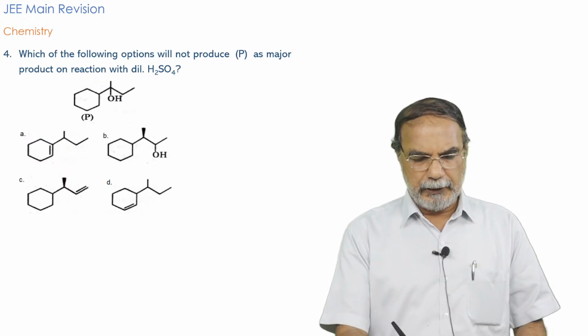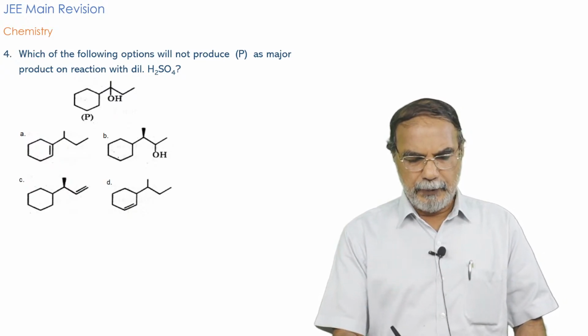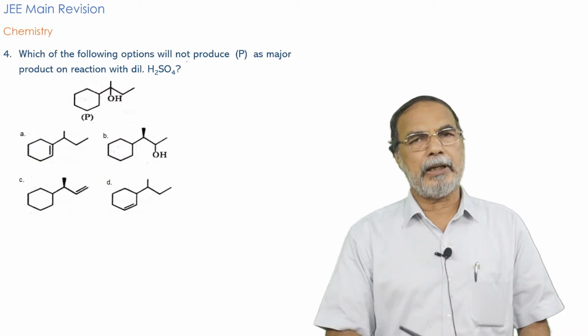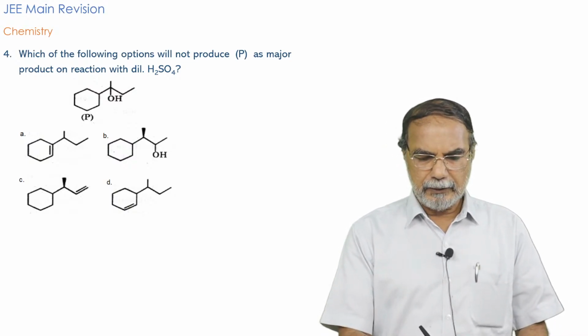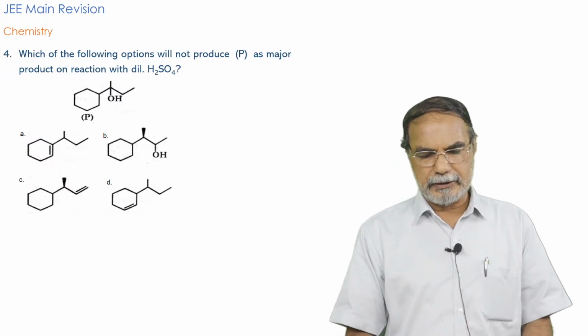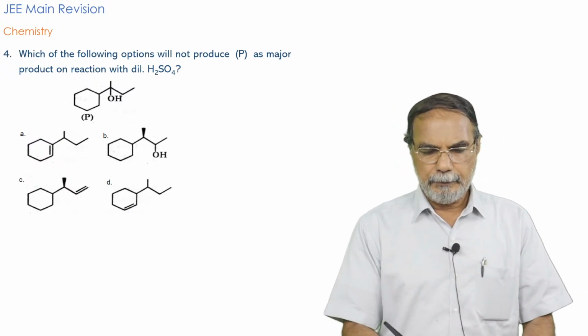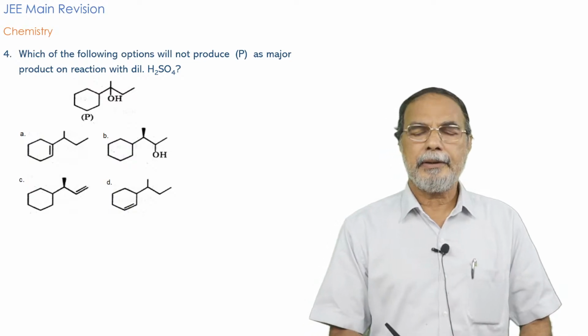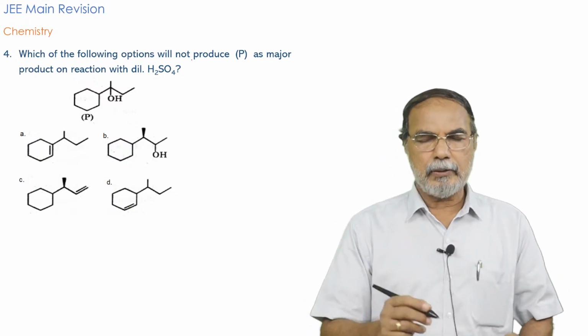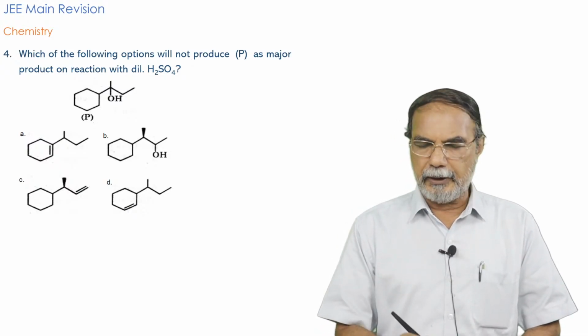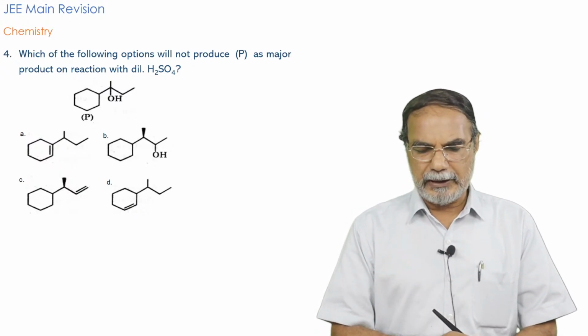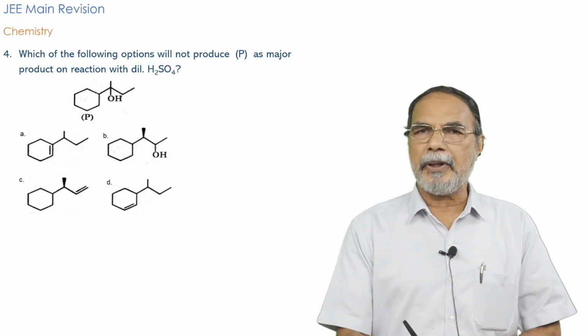Can you get P starting with B by reaction with sulfuric acid? Can you get P starting with C by reaction with dilute sulfuric acid? Can you get P starting with D on reaction with dilute sulfuric acid? That's the question. So which are the compounds A, B, C, D that on reaction with dilute sulfuric acid will produce the compound P is the question.